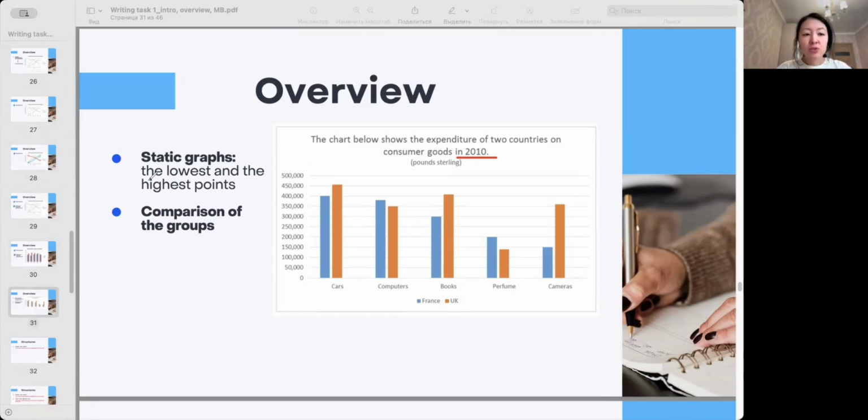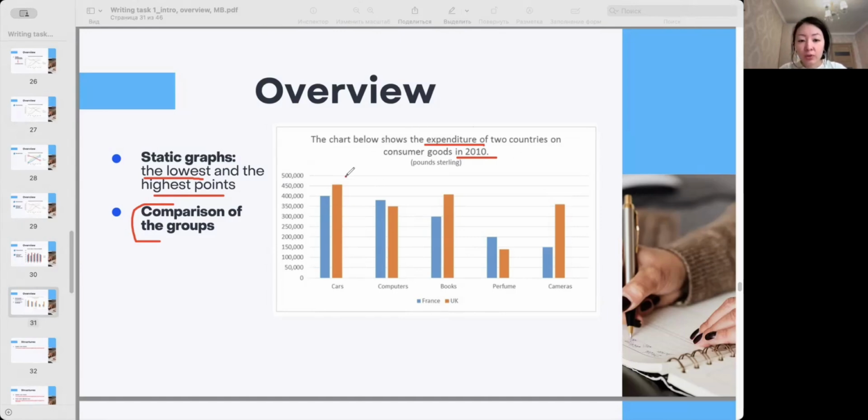In the static graphs, you talk about the lowest and the highest points, and you compare the groups. Grouping, of course, works here because we have a lot of categories. For example, again, you look at this graph and you see that it shows the expenditure of France and the UK on different types of consumer goods.